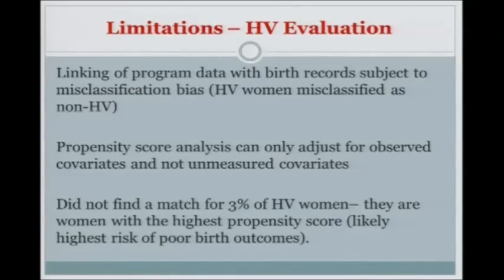How many factors go into non-program participation that we don't measure in birth records? We don't know if a woman is homeless or has unstable housing. We don't know stressful life events. We don't know if she has daily emergencies preventing her from getting to the program. We can't measure any of that.